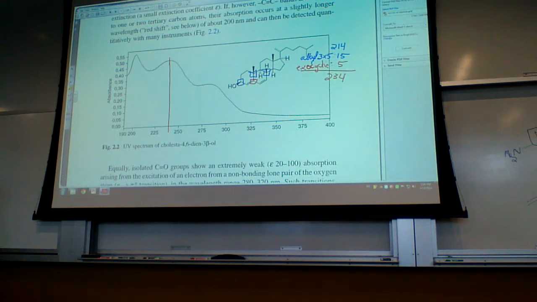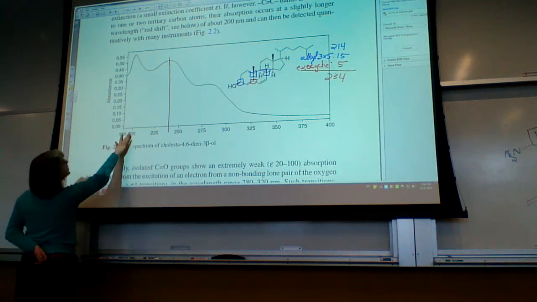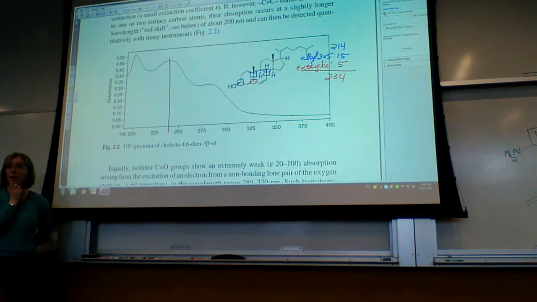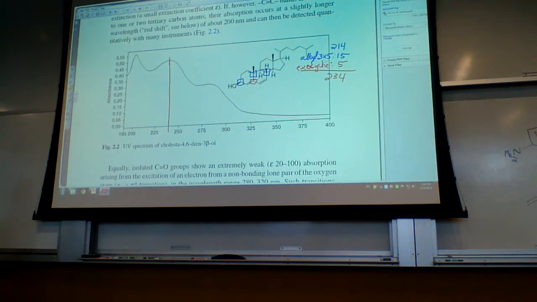Right. Now note that they are extending this to a little bit below, and that gets into some of our other functional groups that we don't normally see. It may be, if we look at our chart here, could be an alcohol n to pi star, or it's essentially our only functional group there, so I would maybe say it was an alcohol.